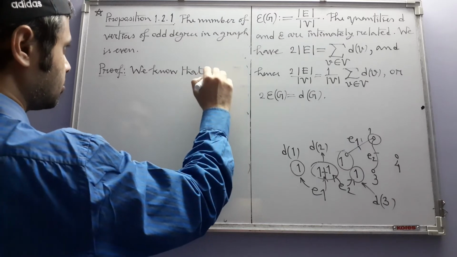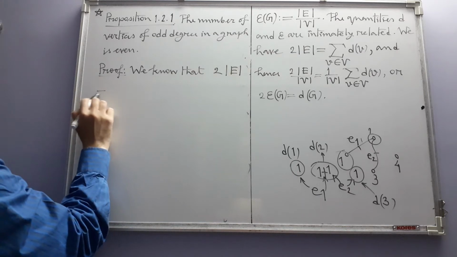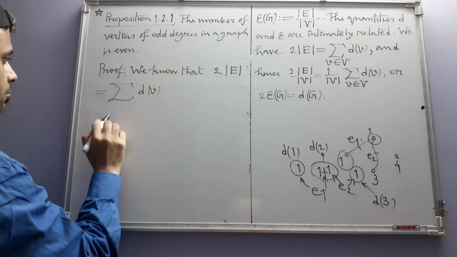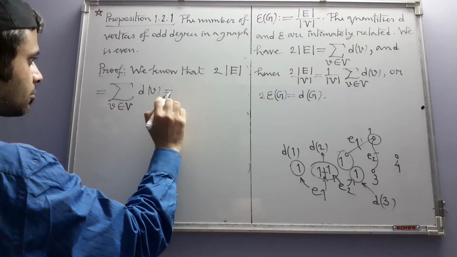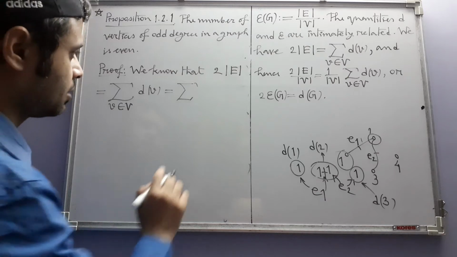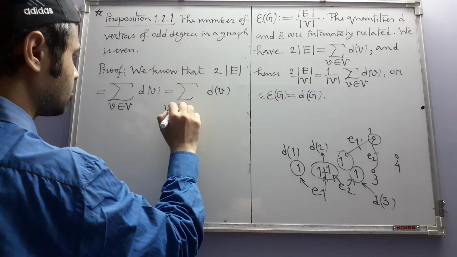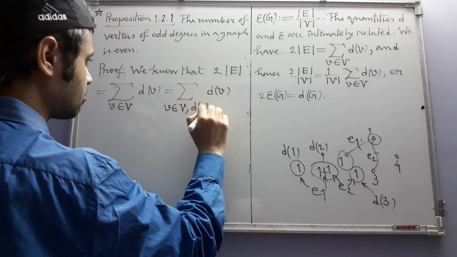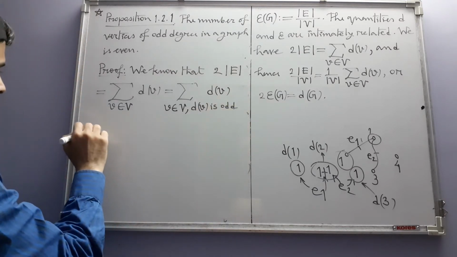We have already seen that 2 times the number of edges is this sum. And this sum can be written as a sum of 2 sums, plus.